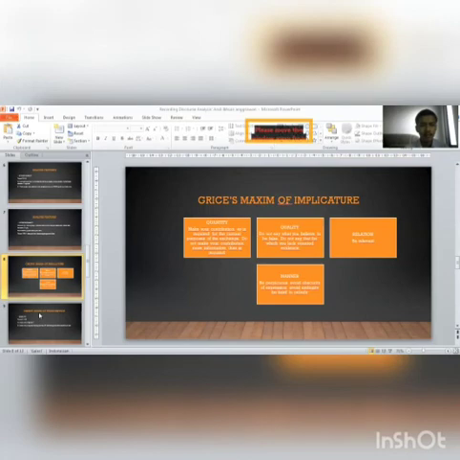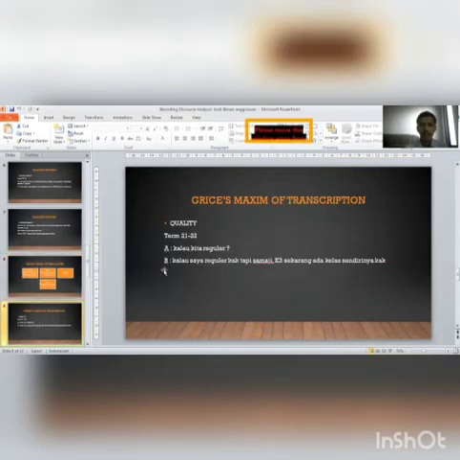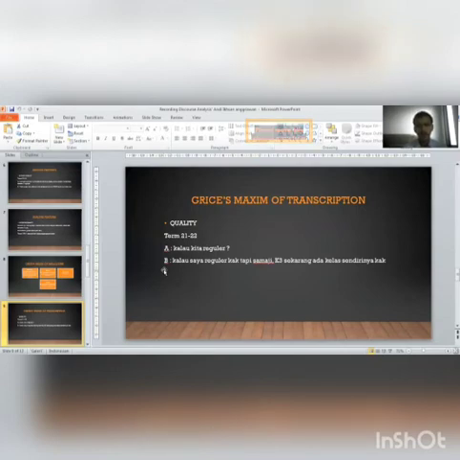And the next is, there are three of Grice's maxims in my transcription. The first is about quality. Why I chose term 21 until 22?